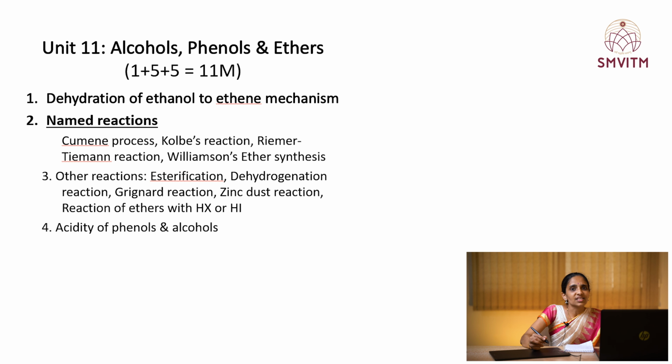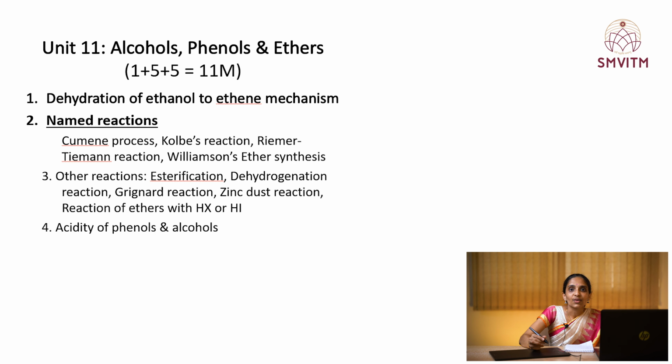See, electron releasing groups, if they are present on these compounds, they decrease the acidity because the corresponding ion, in the case of phenol, the phenoxide ion, gets destabilized by electron releasing groups.